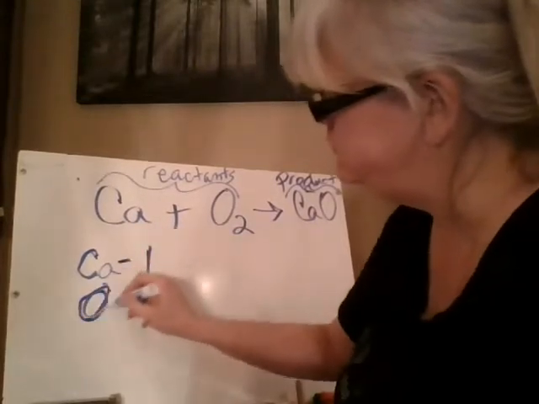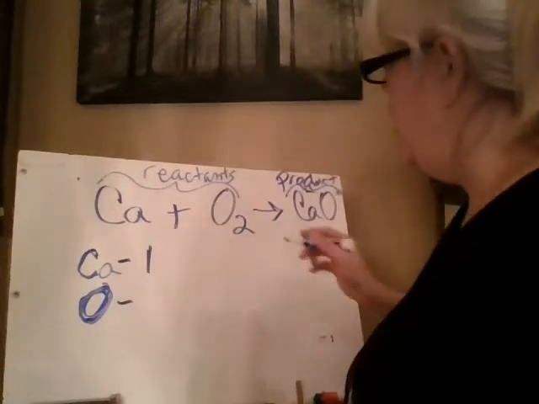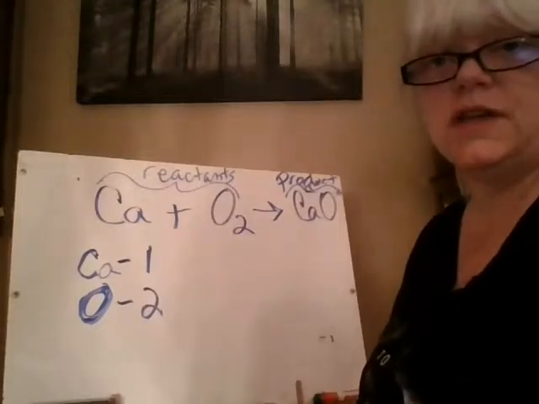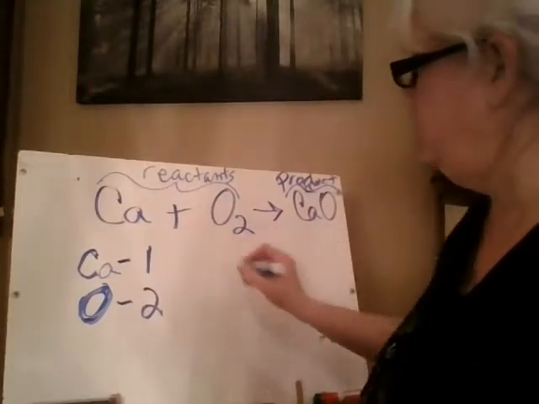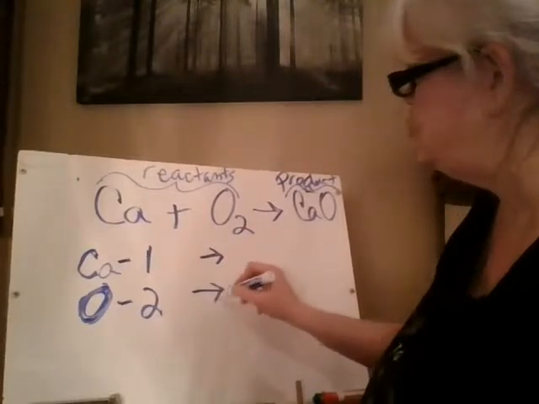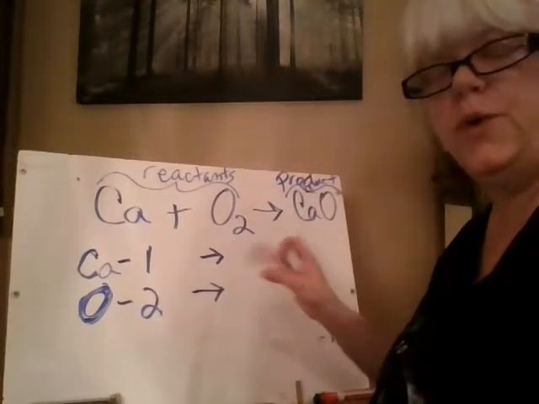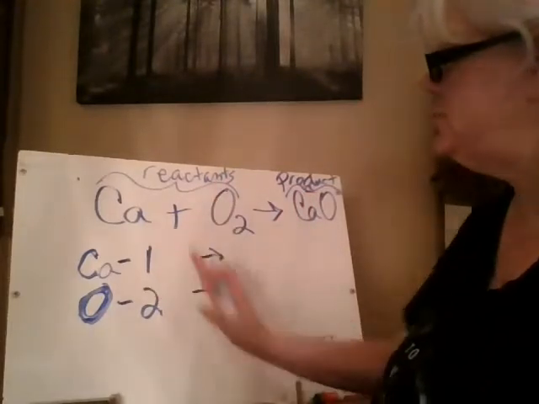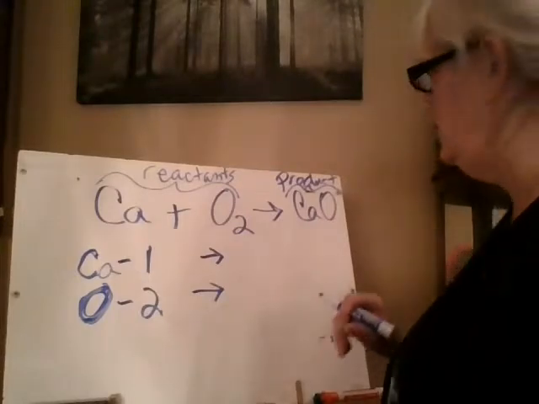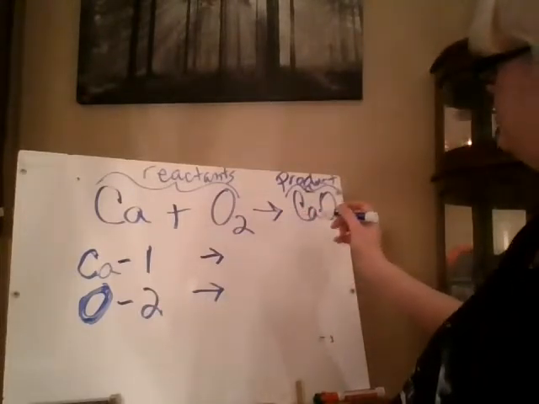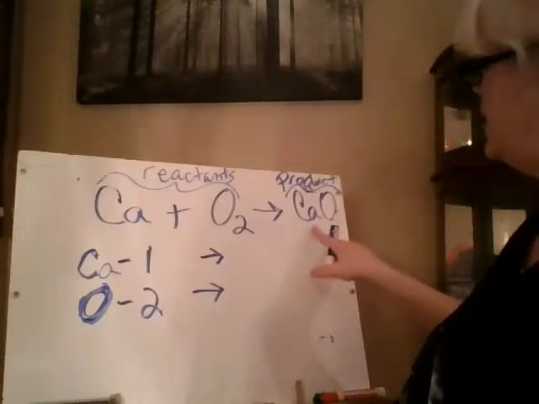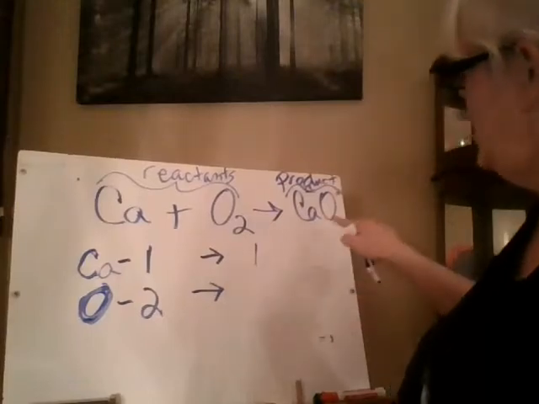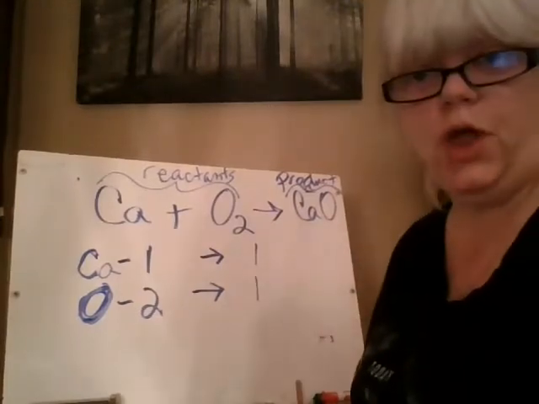And on the oxygen, I have a subscript of 2, so that lets me know that there are 2 oxygens on that side. Now, I'm going to put a yield sign in between just so I can mentally, really quick, understand that I'm talking about how many reactants there are and how many products there are, okay? Now, when I look over here at the product side, I see no subscripts whatsoever, so I know I have 1 calcium and I have 1 oxygen, okay?